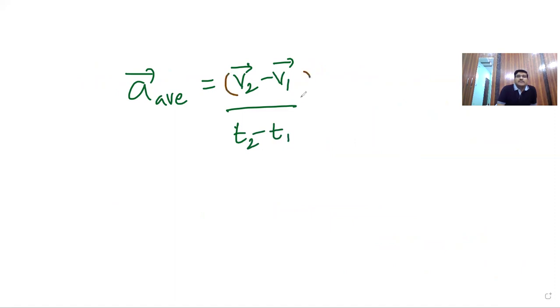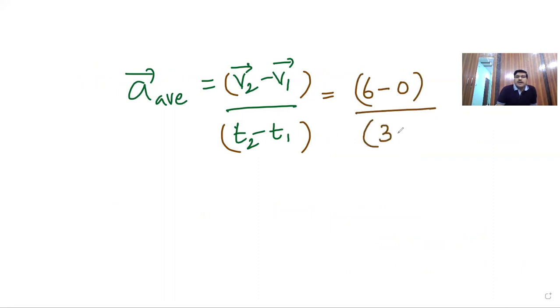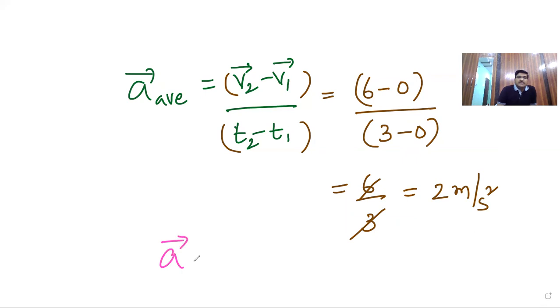V2 was 6 meter per second and V1 was 0. And time T2 was 3 and T1 was 0. Simplifying 6 by 3, this becomes 2 meter per second. So average acceleration is 2 meter per second square. This is the answer.